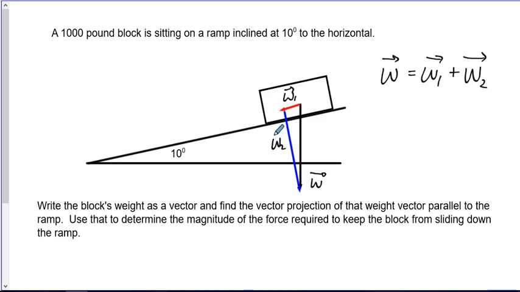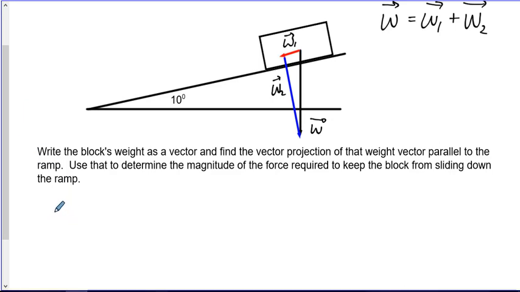These both are vectors. And the question says to write the block's weight as a vector and find the projection of that weight vector parallel to the ramp. So part of my answer will be W1, but I am getting a little ahead of the question.